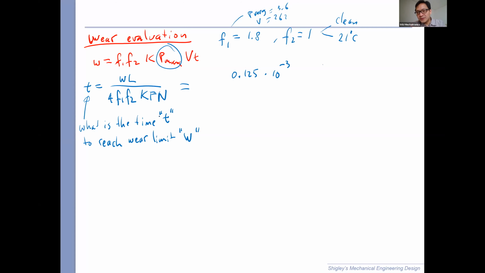That's what this formula is. So we put in the wear limit, 0.125 millimeters. So this is in meters. 4 times 1.8 times 1.